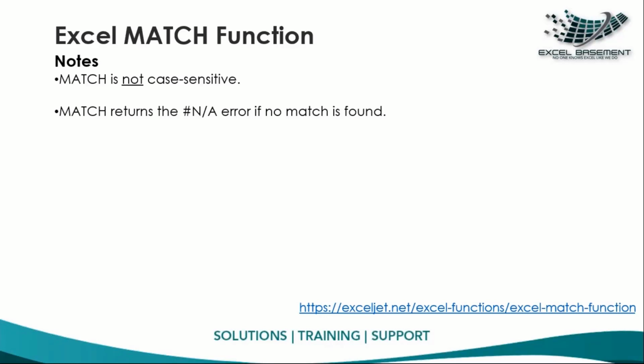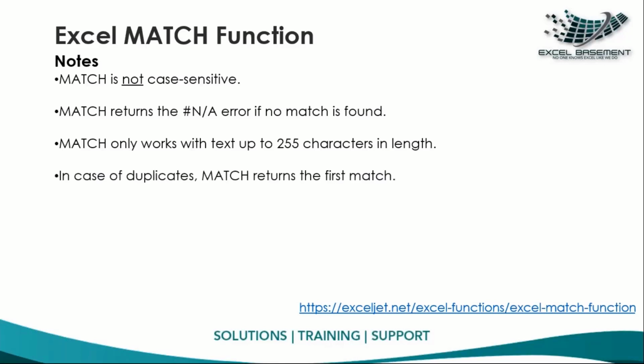When we don't find any data, it returns NA. MATCH only works with text up to 250 characters in length. In case of duplicates, MATCH will return the first match. Now, this is the problem: if we have a list with duplicates, we will not be identifying the second value.